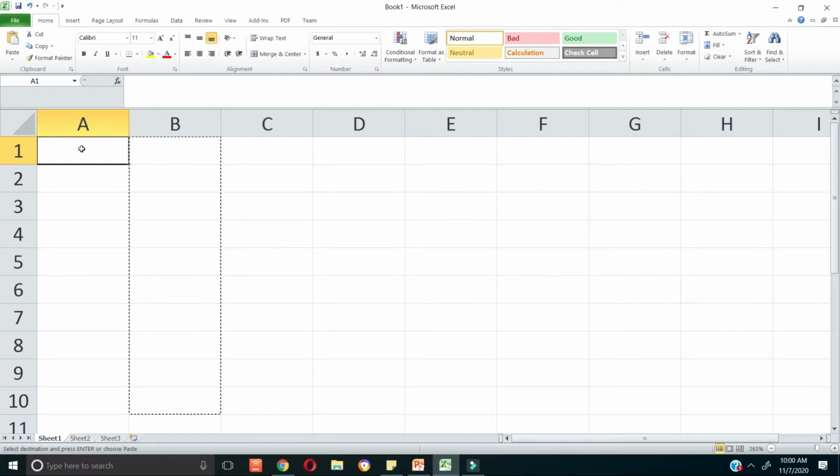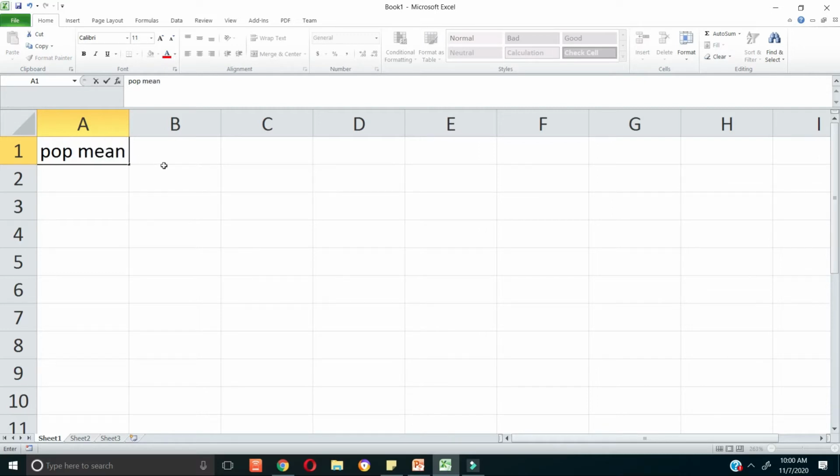We have the population. We have the population standard deviation. Actually, Excel calls it STDEV.P.